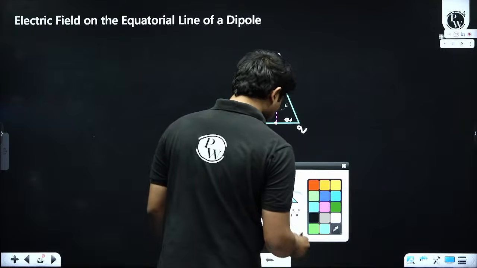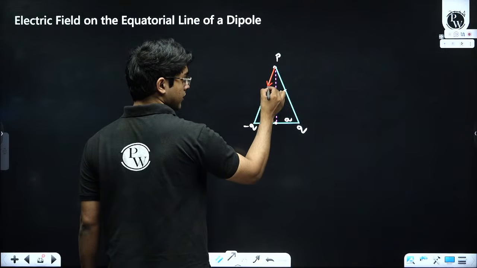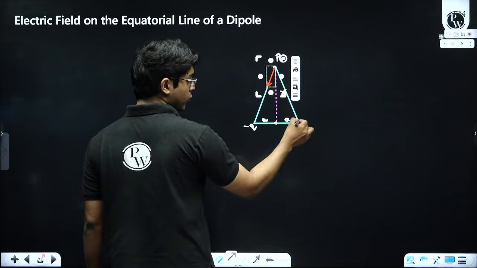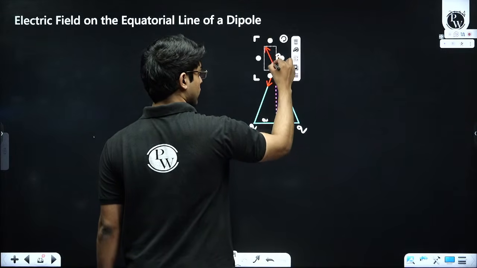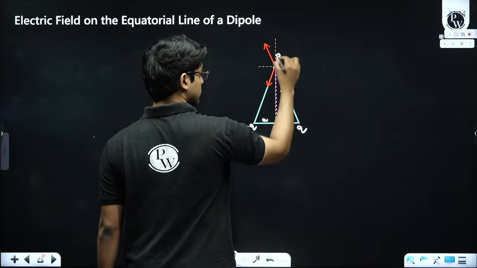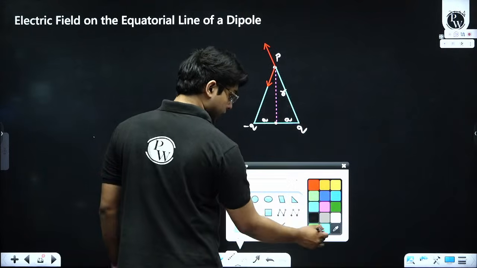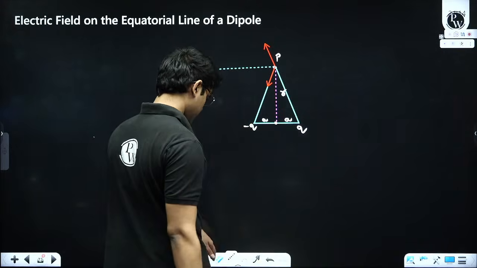Here the field due to the negative charge will be towards the negative charge, right? And the field due to the positive charge will be away from this positive charge, like this. Now draw the horizontal line here.